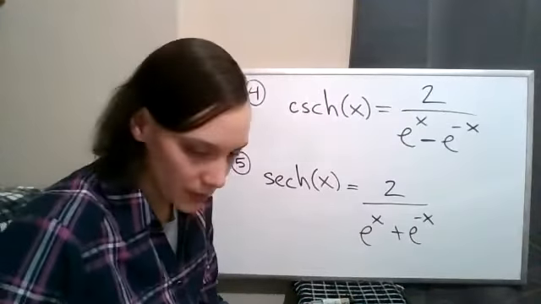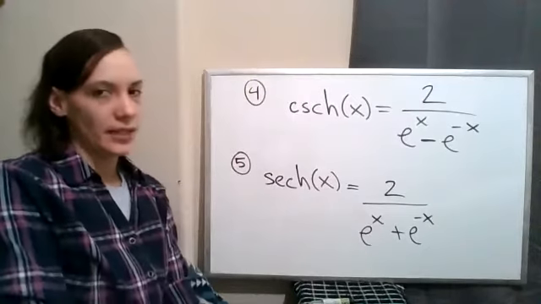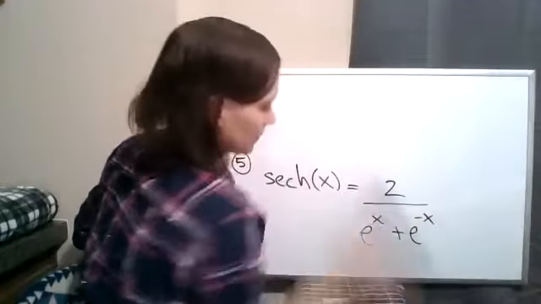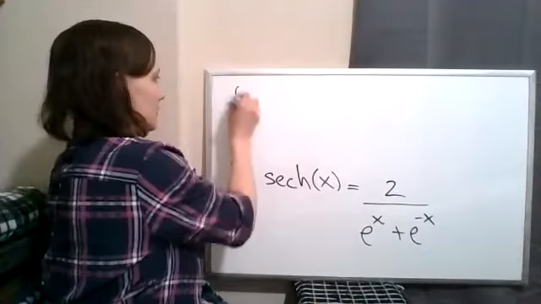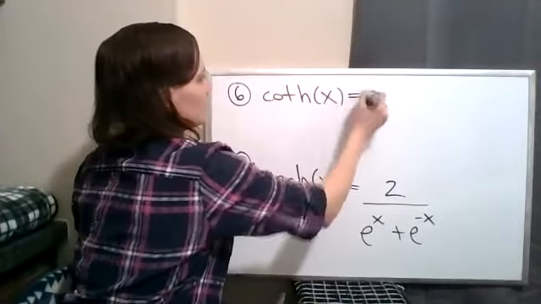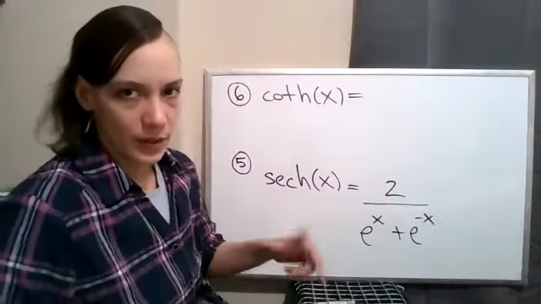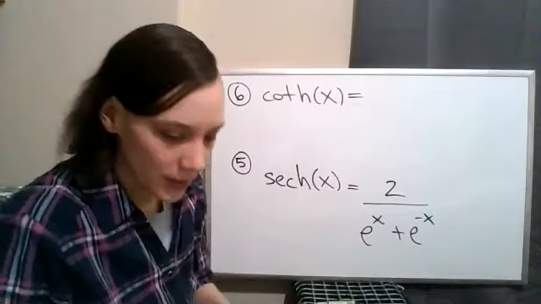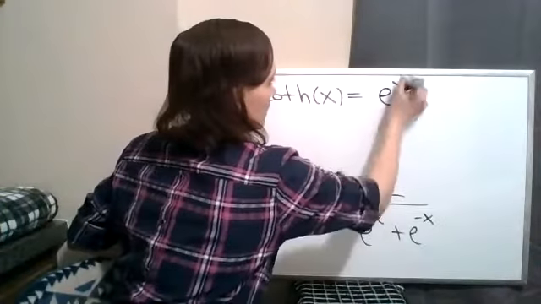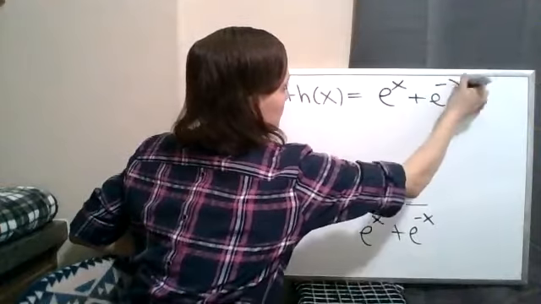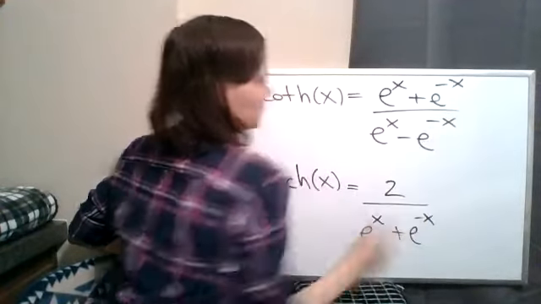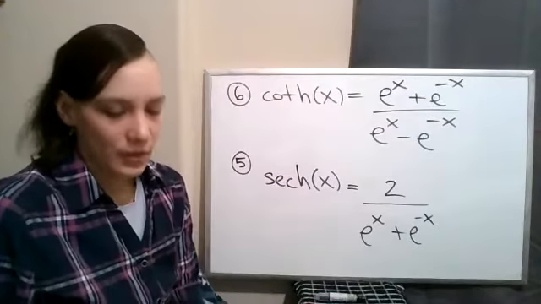Last one, number 6, hyperbolic cotangent. So you can flip hyperbolic tangent over and have e to the x, add e to the negative x, over e to the x, subtract e to the negative x. Cool.